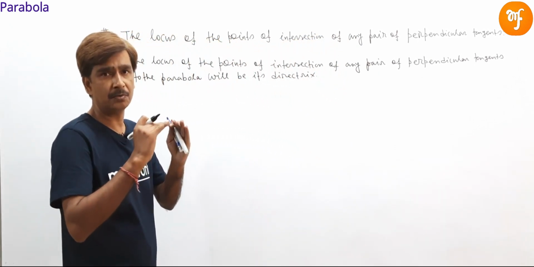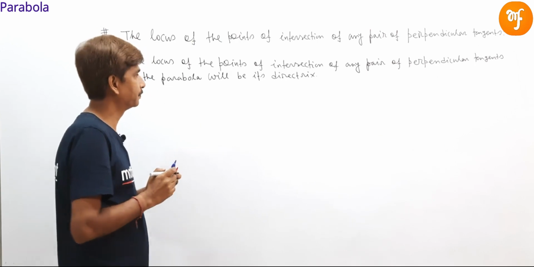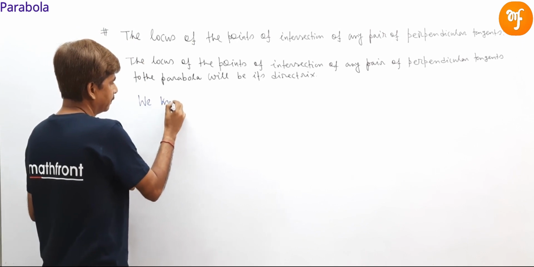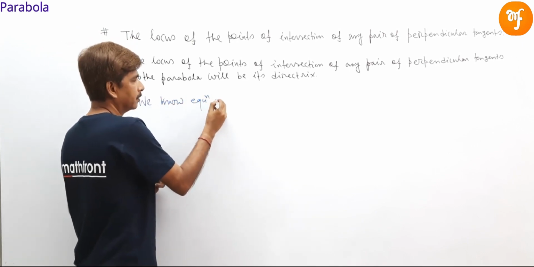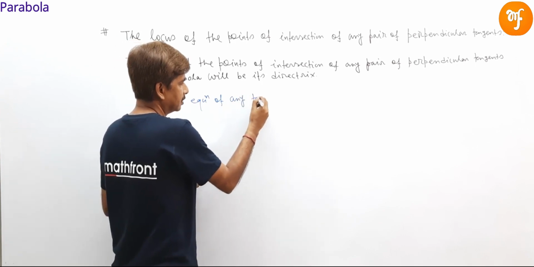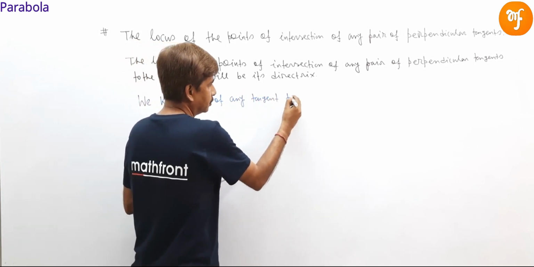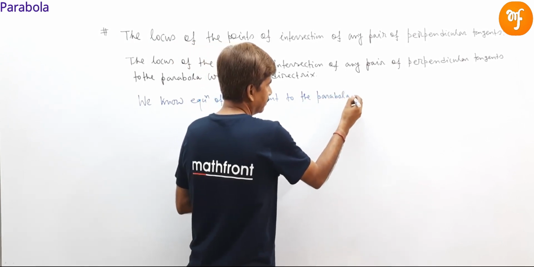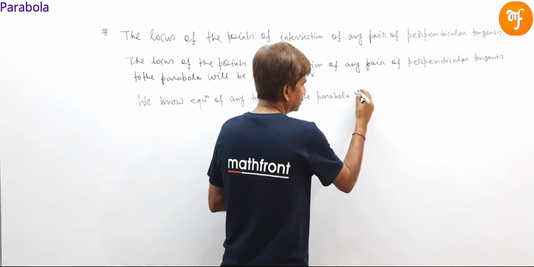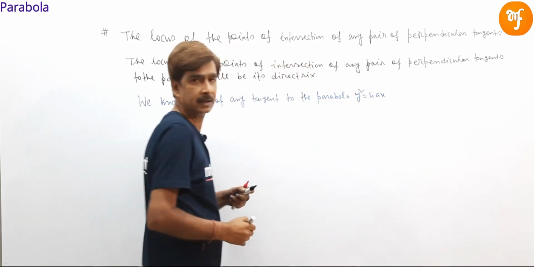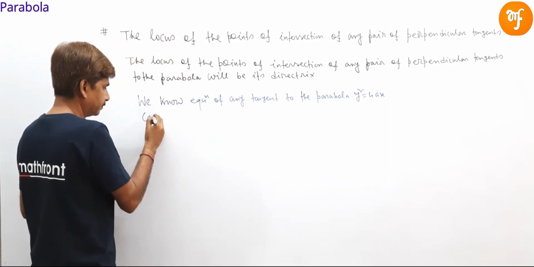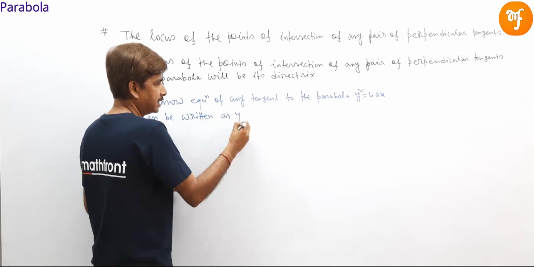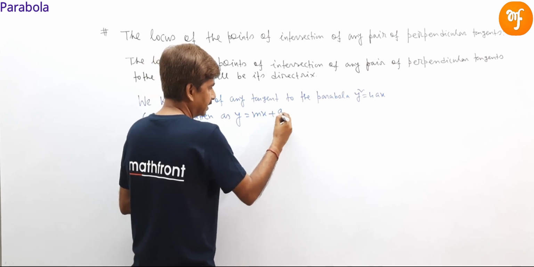So look how we can discuss this theoretically. We know the equation of any tangent to the parabola y square is equal to 4x can be written as y is equal to mx plus a by m.